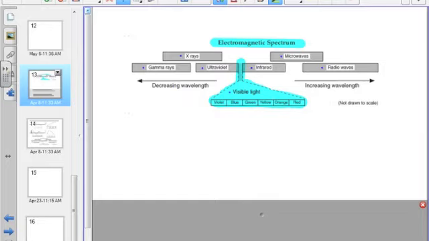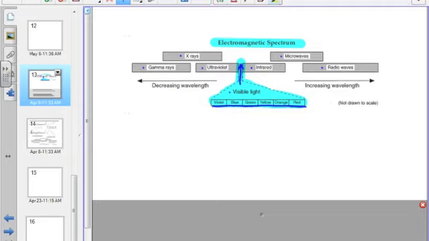And that's what this does. So the visible light spectrum actually shows us everything, again in order of wavelength, from violet to blue to green to yellow to orange to red. Right? But remember, that all fits right in there between ultraviolet and infrared.